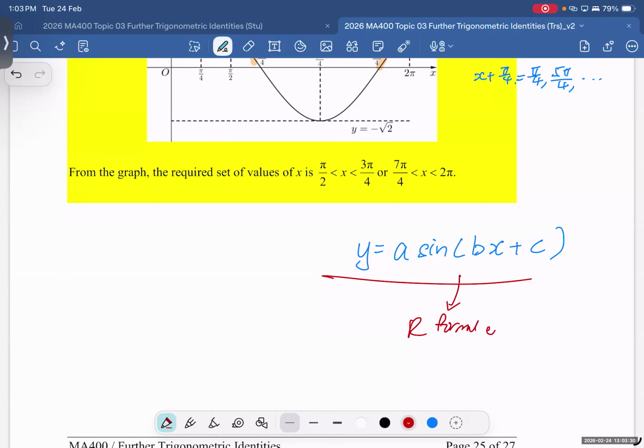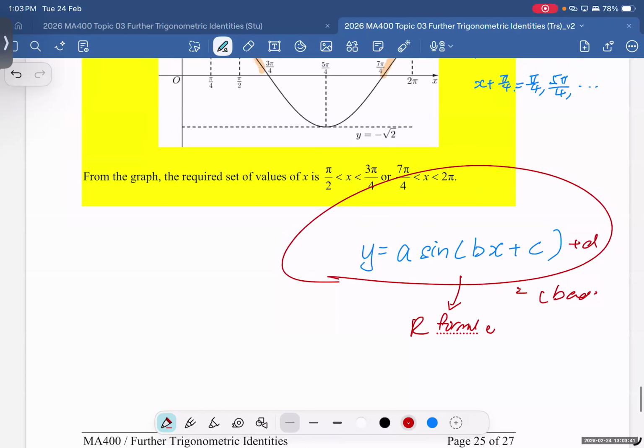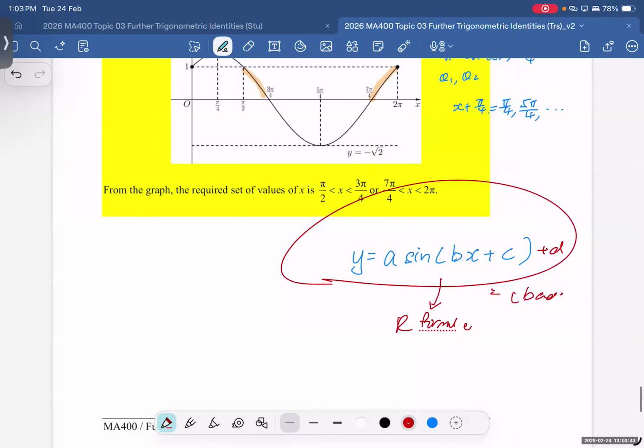You need to be able to sketch something like this. And remember CBAC? So go and revise it 1,000 times. Make sure you are so drilled on being able to draw a sine cosine curve, a sine cosine translated transformation curve. Okay?